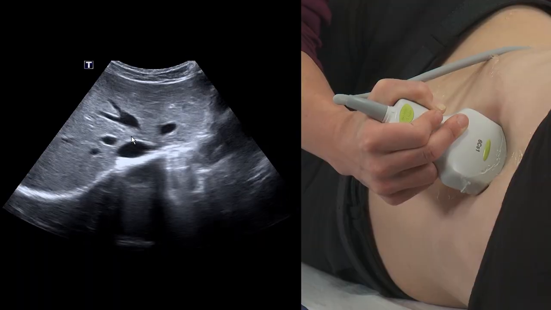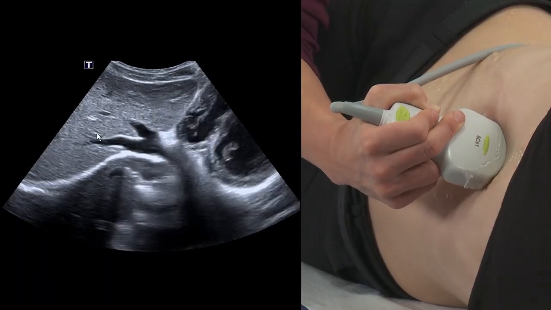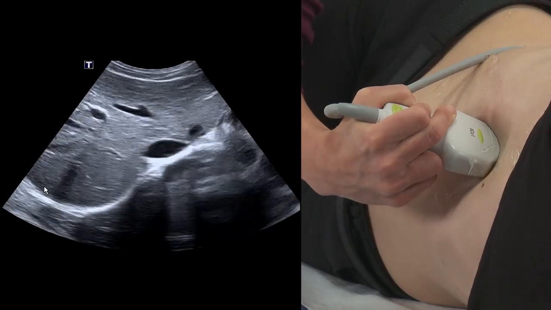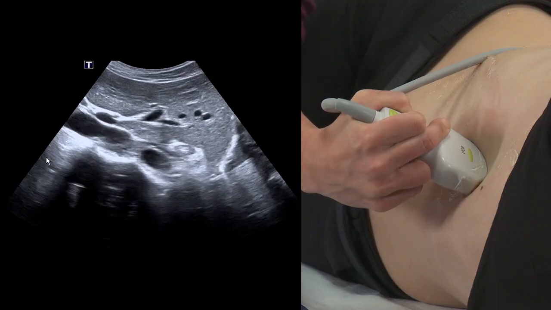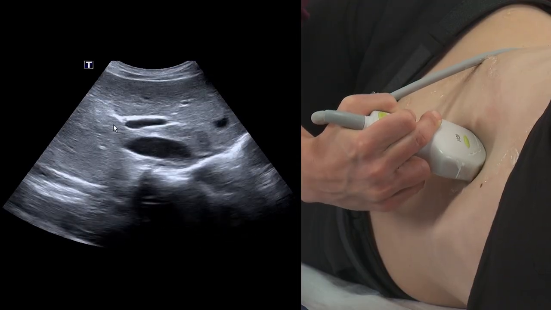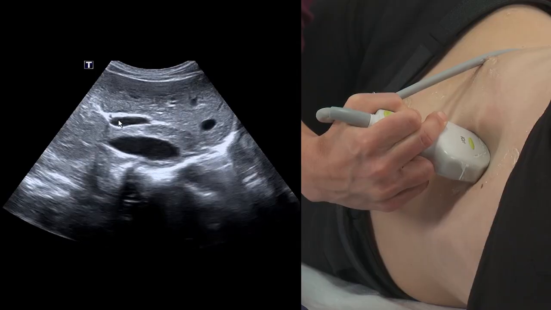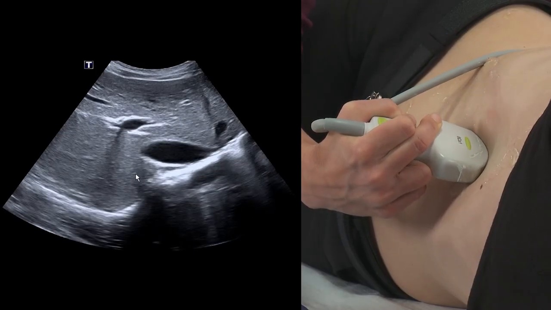Exhale and inhale, please. There are normal findings in the liver parenchyma. Now tip my transducer more caudally. So we see branches of the portal vein, hepatic artery.